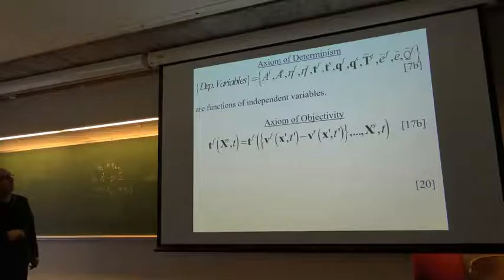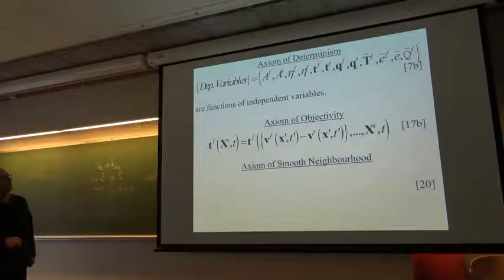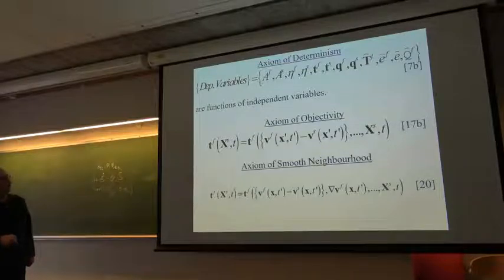Now, as I said, the axiom of objectivity requires that it depends on the difference of it. And here I have done what I did this morning. I say it depends on all points of the body, all past times. And if I then make a Taylor series expansion around the current point, I get the divergence of velocity of fluid and solid potentially.